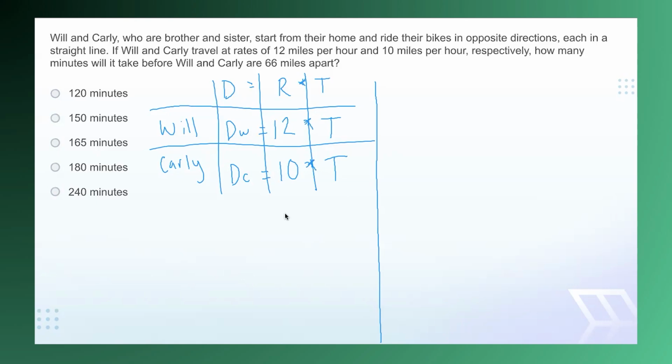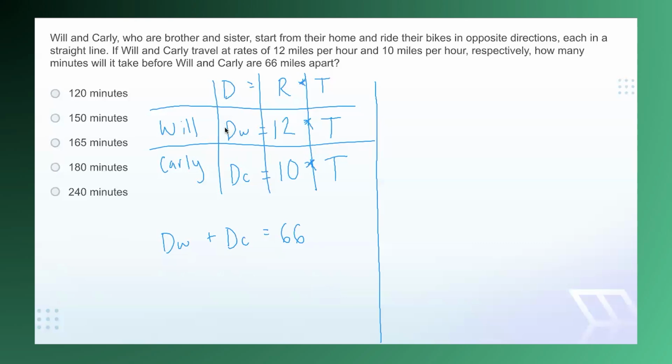Okay, but at this point, there is still more information that needs processing. We know that Will and Carly end up 66 miles apart, so we can use our previously defined variables for distance to build a new equation for total distance. So D sub W plus D sub C equals 66. All right, we have 3 equations and 3 variables, which means we should be able to solve.